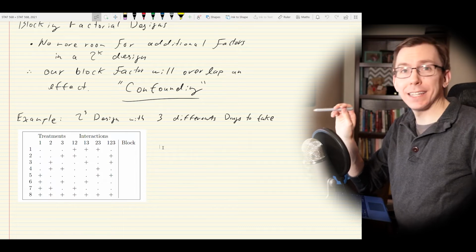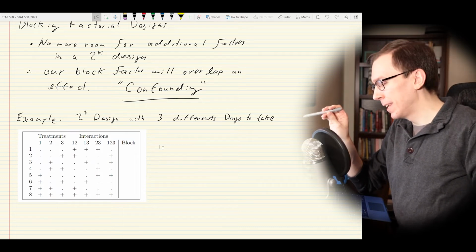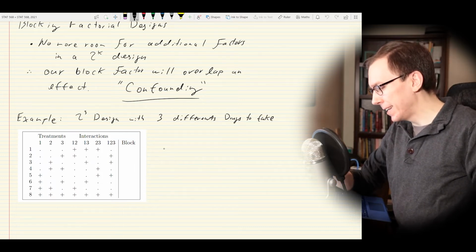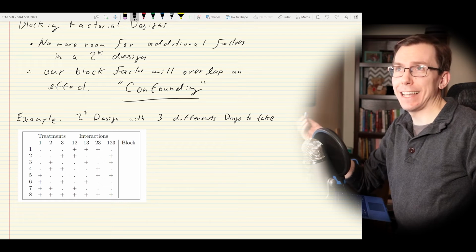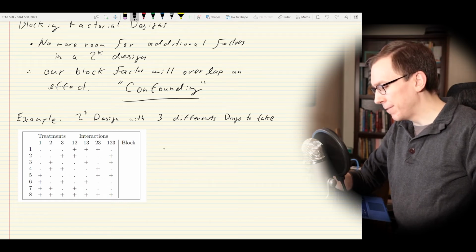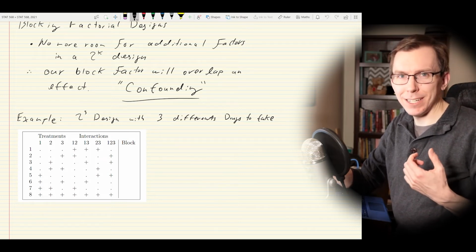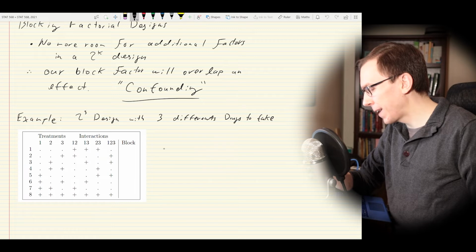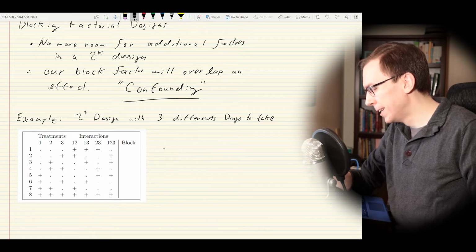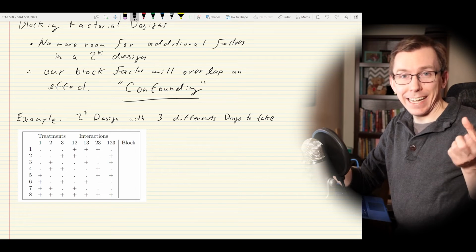Remember, we talked in the last lecture about how I can combine my treatments to get interaction terms. And what I'm really doing is an XOR operation. Here I use dot instead of minus because it makes the table a little bit easier to look at. If I have a dot and a dot for 1 and 2, then the interaction says it's a plus, because it's like an XOR operation.